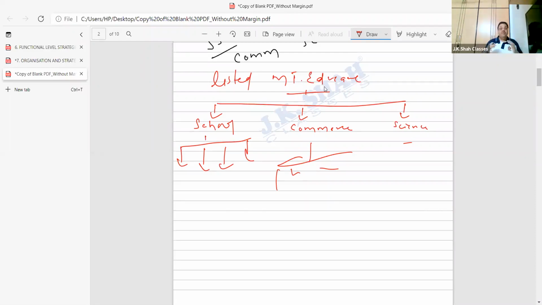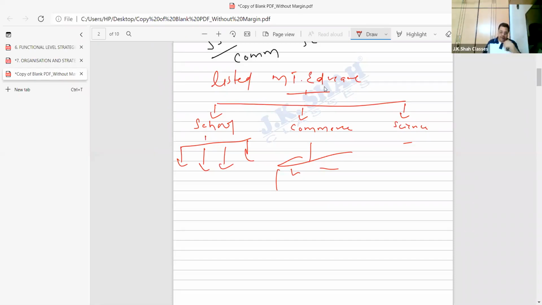So you have a number of divisions, and all these divisions' students are under MT Educare. Now pay attention. What is the first advantage of this divisional structure? We are doing forward integration. How come forward integration?